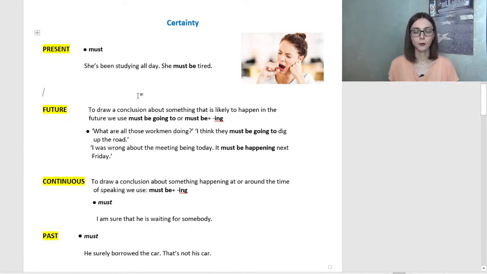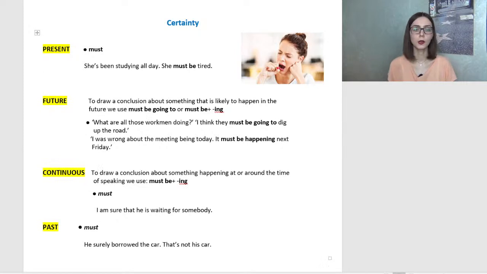You also can talk about the future, and I have an example here. When you want to say that something is likely to happen in the future, must works a little bit differently from might, may, and could. You need to use the construction must be going to or must be plus ing. I have some examples here.